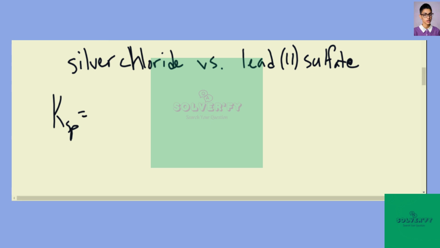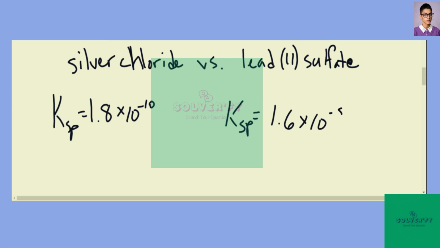The Ksp of silver chloride is 1.8 times 10 to the negative 10th, and the Ksp value for lead sulfate is 1.6 times 10 to the negative 8. So that would make the lead sulfate greater than the silver chloride, and thus it is more soluble. And those are the answers.